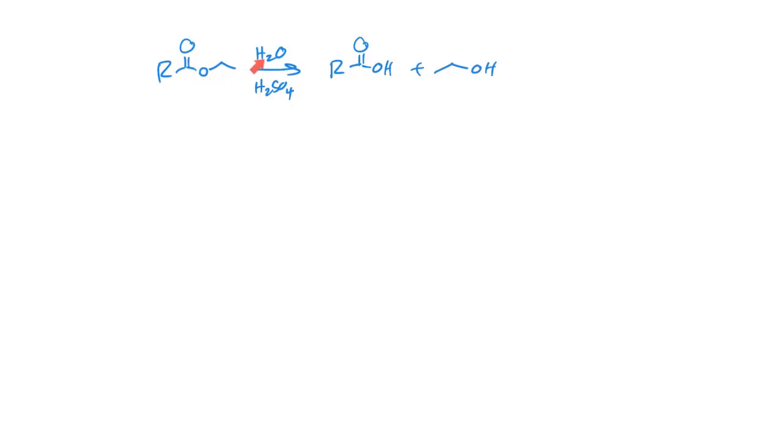We're adding water across this bond. Here's the OH from the water. Here's the H. We've broken the O-ethyl portion of the bond. And this is, let's label this acid catalyzed hydrolysis. It's the exact opposite of what we saw a few slides ago, Fischer esterification.